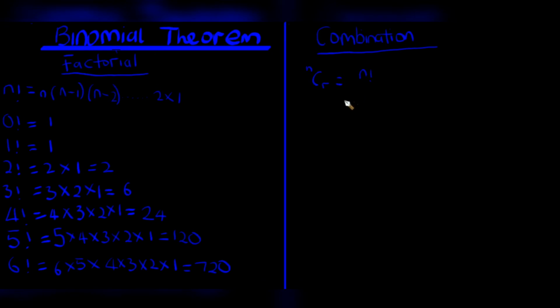That is why we had to study factorial first before moving on to combination and then moving on to binomial theorem in itself, right? n factorial all over n minus r factorial multiplied by r factorial. So we take the difference between n and r and we find the factorial. This would be the general formula for the combination.